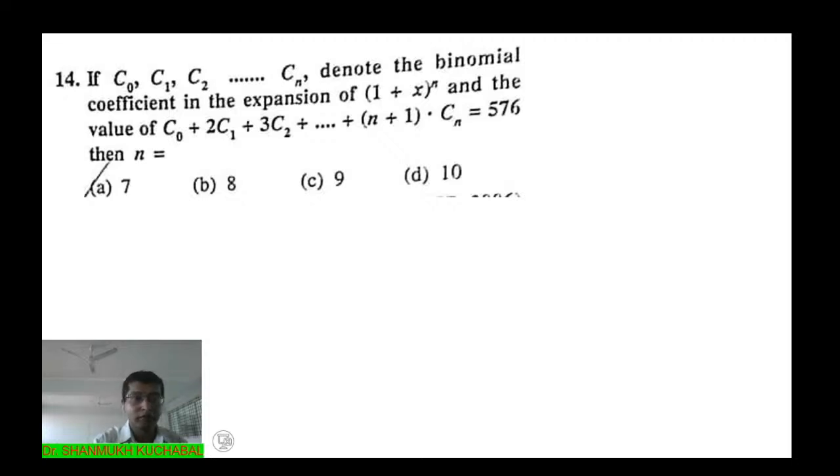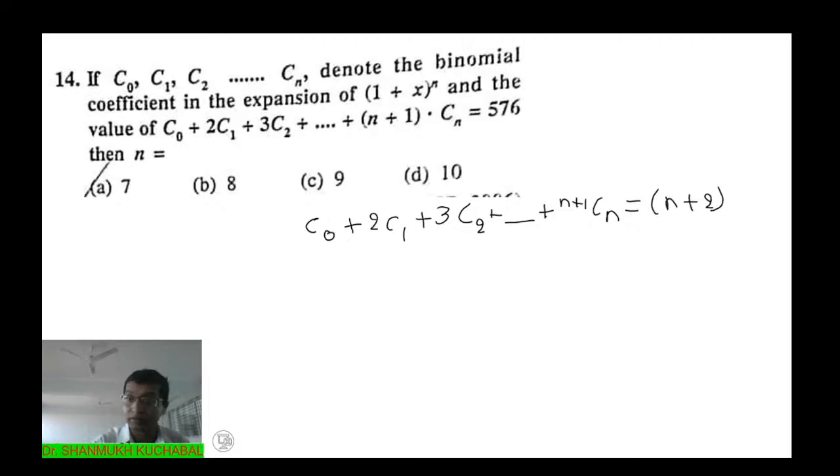Yes, we'll use one important formula: C0 plus 2C1 plus 3C2 plus so on, up to (n plus 1)Cn is given by the formula (n plus 2) times 2 raised to n minus 1.